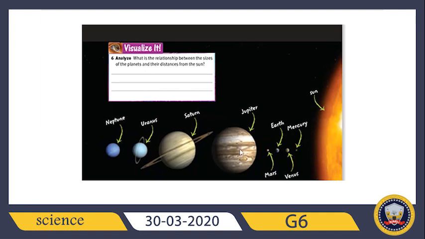These large planets, as you can see here, have thick gaseous atmospheres, also small rocky cores and ring systems of ice, rock, and dust.